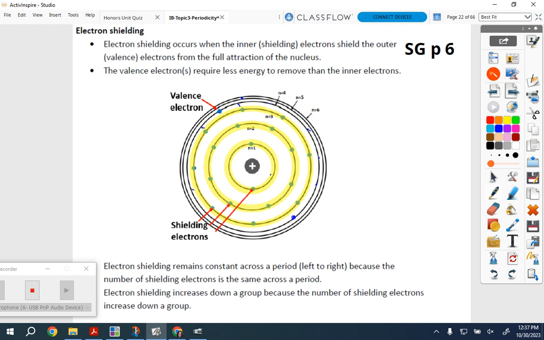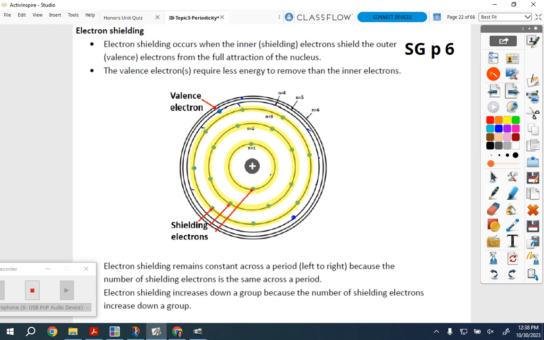Okay? Once we get into the second energy level, not only are we further away, which weakens the force of attraction, but we also have these negative charges in between. And that shields that force of attraction from the protons a little bit. The further out we go, the more electrons we have in between the outer electrons and the nucleus, the bigger that shielding effect is going to be.